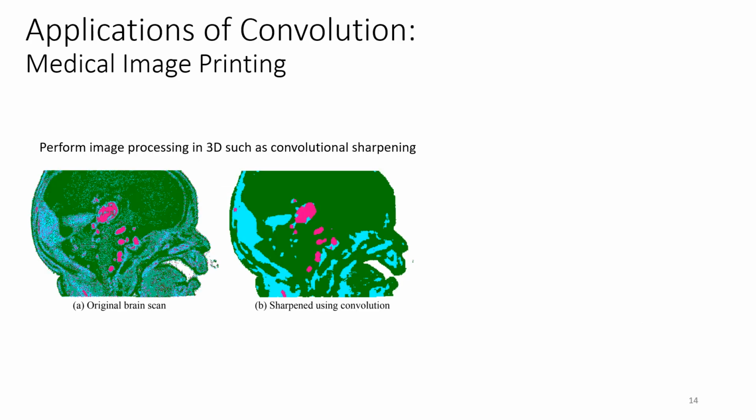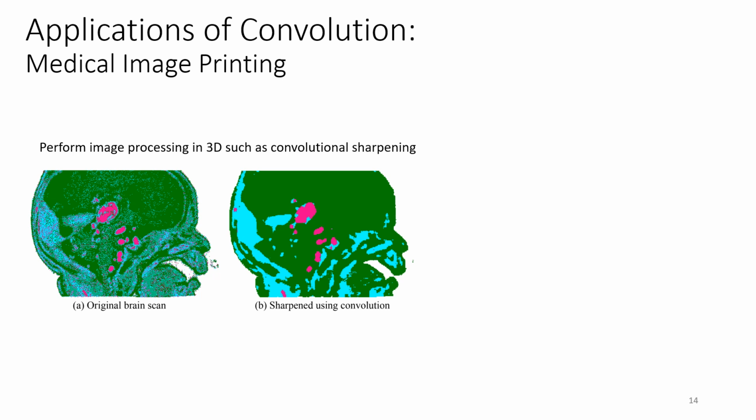So let's talk about some of the applications of convolution. Well, one of the primary ones is medical image printing. So it's very common in the world of pre-surgical planning models to get MRI data that's fairly noisy. You know, we've brought it in, we've processed it, we've assigned materials, but those material assignments are never going to be perfect. Naturally, given the image processing, we're going to have some noise.